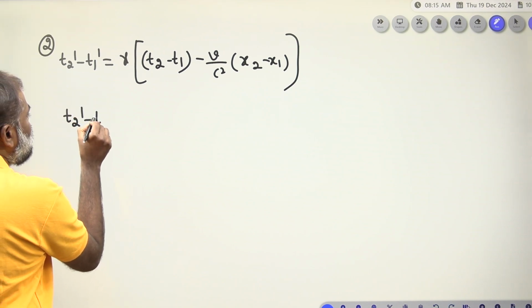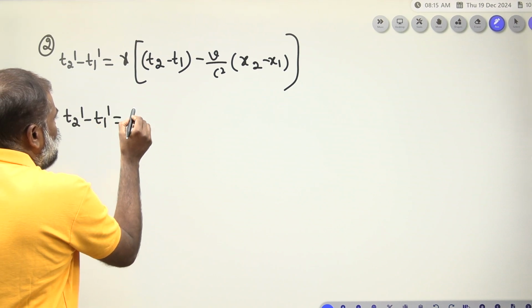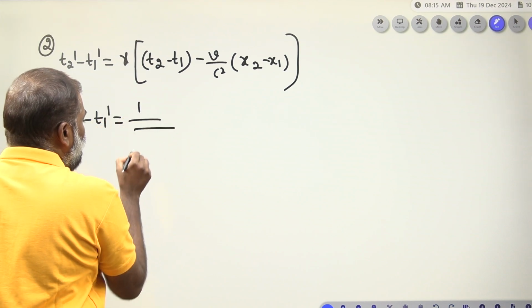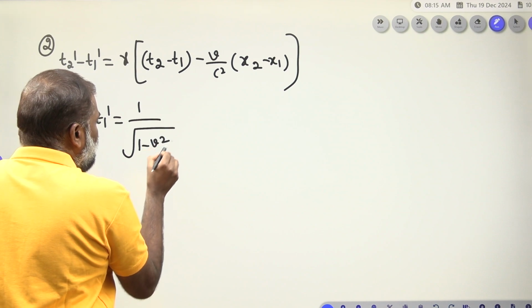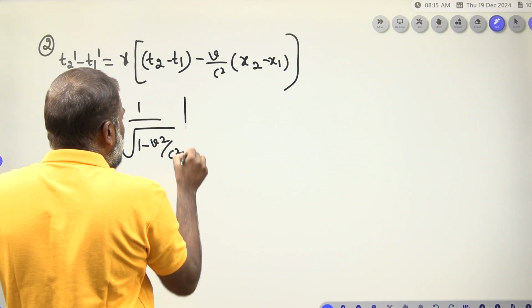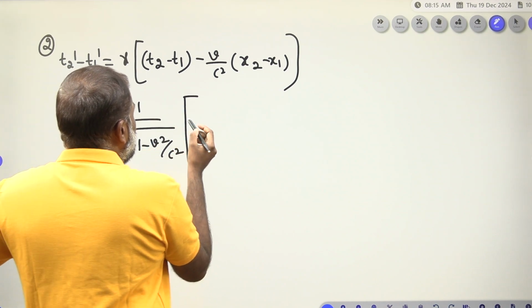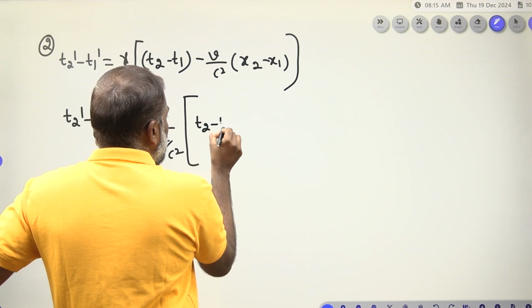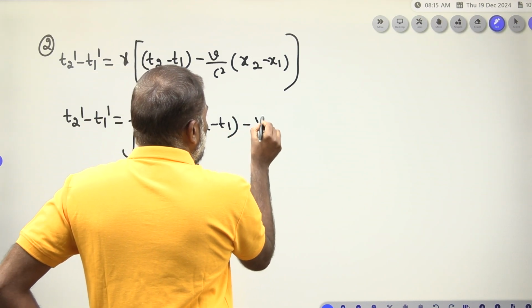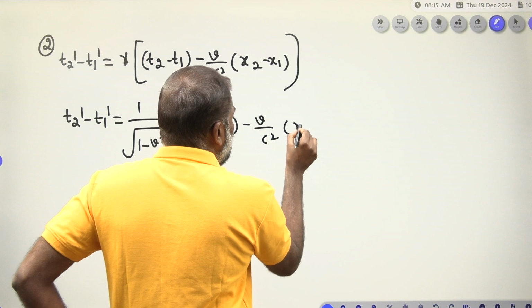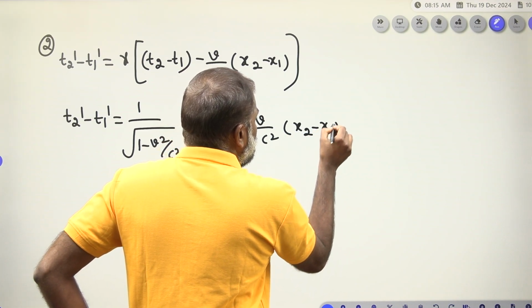Therefore T2 dash minus T1 dash is equal to gamma, which is 1 by square root of 1 minus V square by C square, into T2 minus T1 minus V by C square into x2 minus x1.